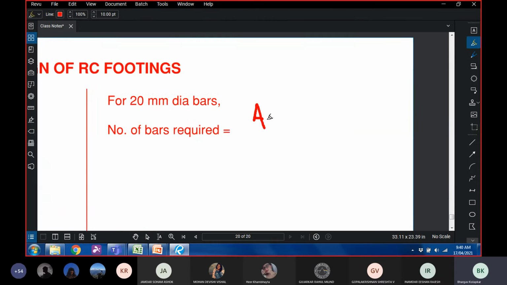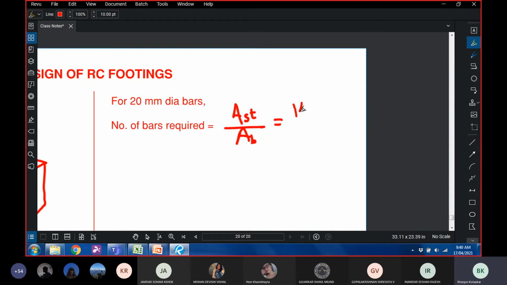So this is equal to AST upon area of each bar. Our AST is 14888, and the area of a 20 mm diameter bar is pi by 4 times 20 squared, which is approximately 314.